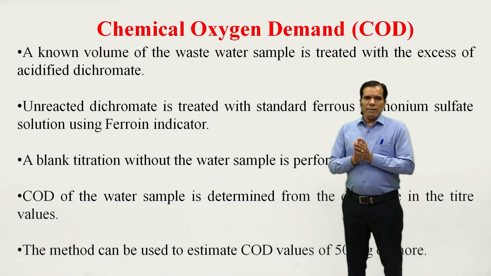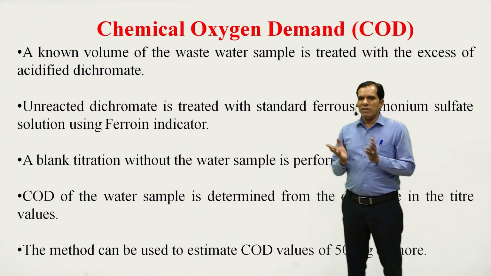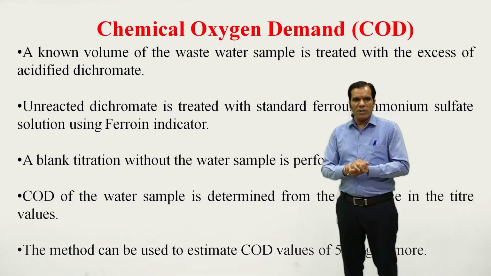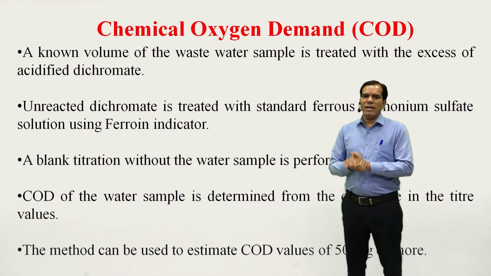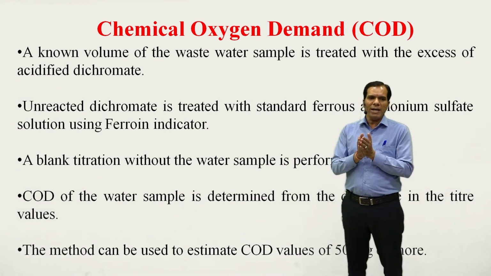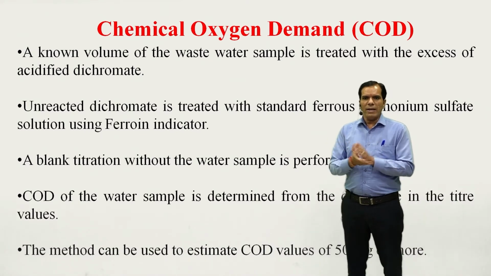Generally, a known volume of the wastewater sample is treated with an excess of acidified potassium dichromate solution. Unreacted dichromate is titrated with standard ferrous ammonium sulfate solution using Ferroin indicator.